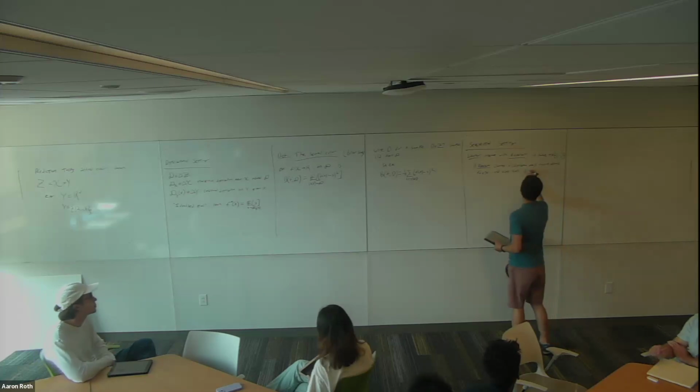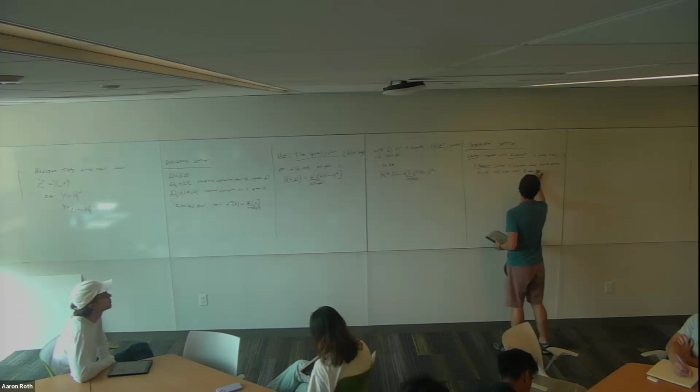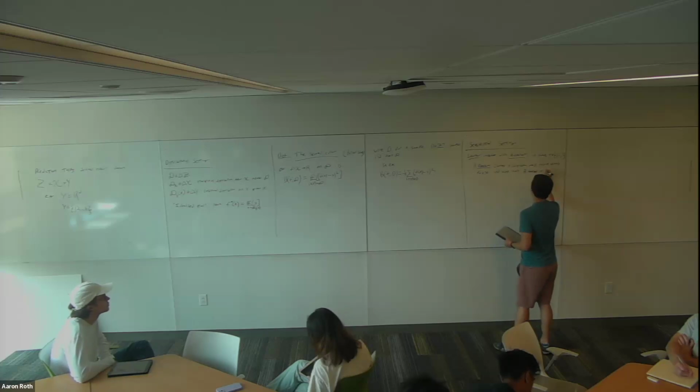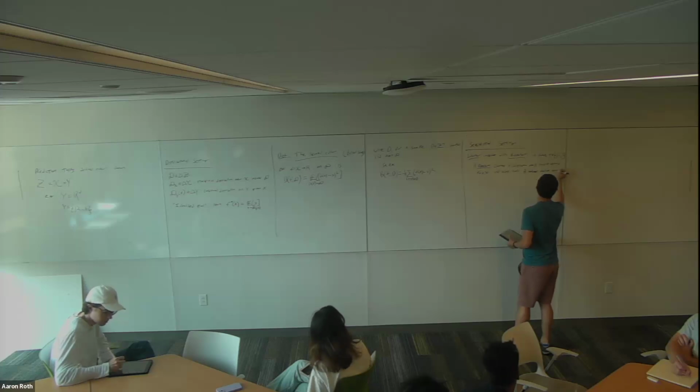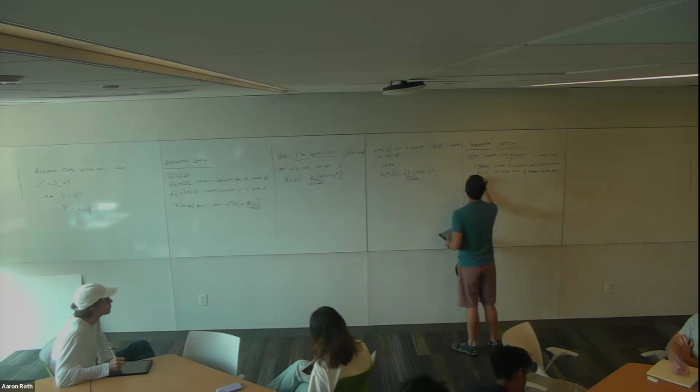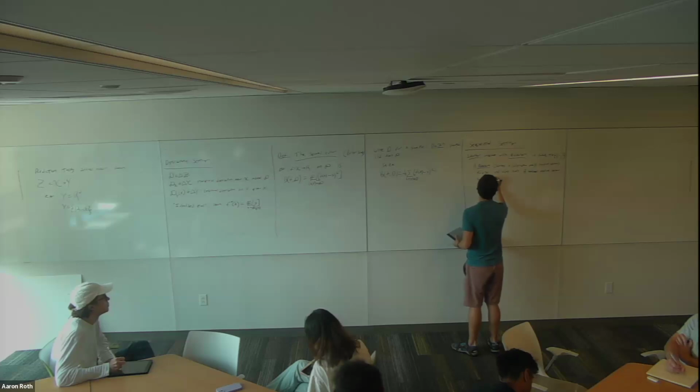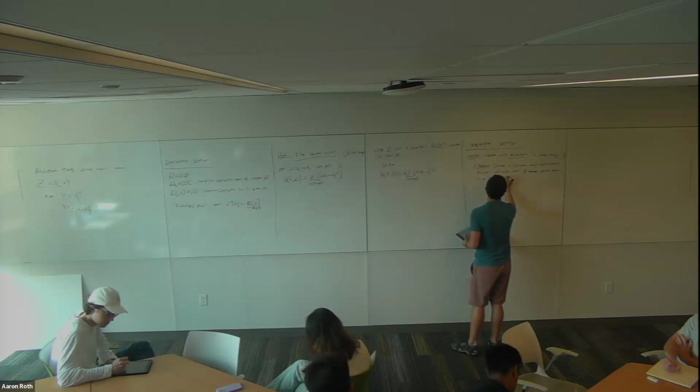So a realized feature vector xt is shown to the learner.